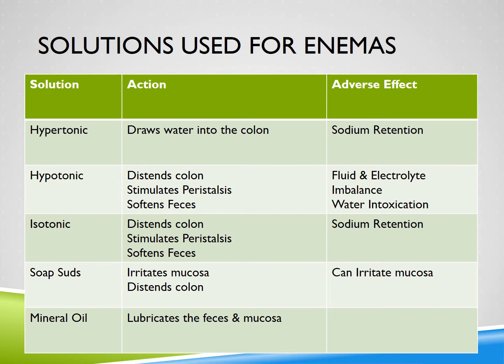Isotonic solution distends the colon, stimulates peristalsis, and softens feces, just as the other one does, but it can cause sodium retention as well. And soap suds enema is used to irritate the mucosa and distend the colon, but it can also irritate mucosa. Mineral oil enema can lubricate the feces and the mucosa.